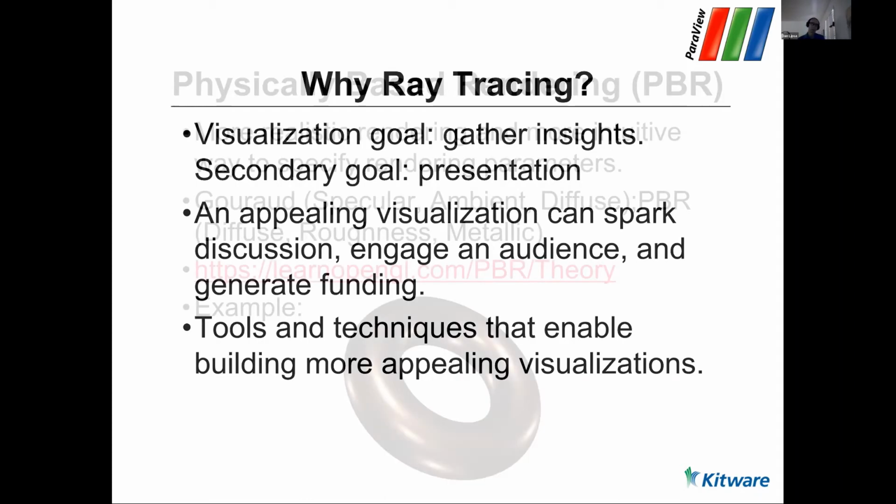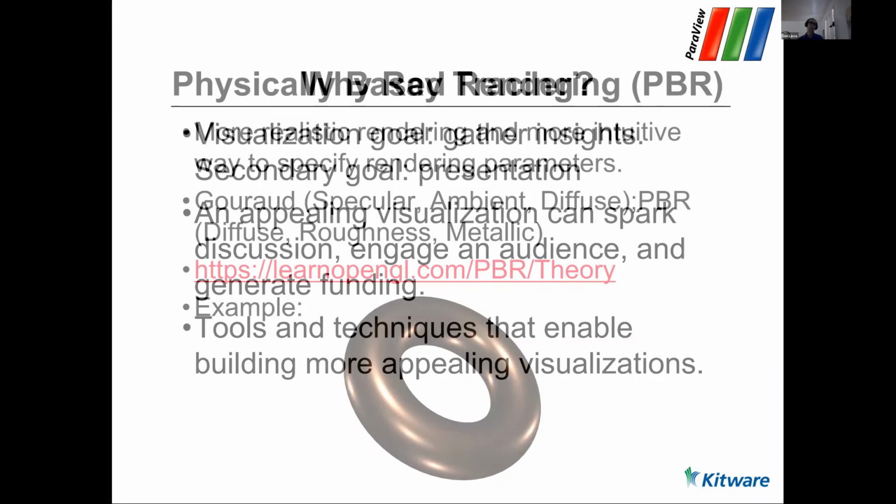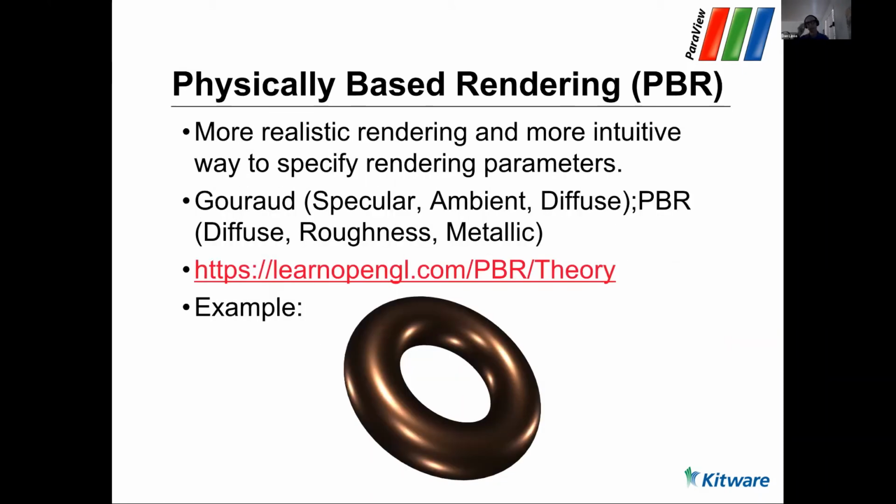So physically based rendering is a way to compute lighting in ParaView and other applications. It creates a more realistic rendering, and also it has a more intuitive way to specify rendering parameters. So instead of specifying specular, ambient, and diffuse parameters, the diffuse color stays, so that's the color of your object, but we use roughness, how rough the surface of the material is, and metallic.